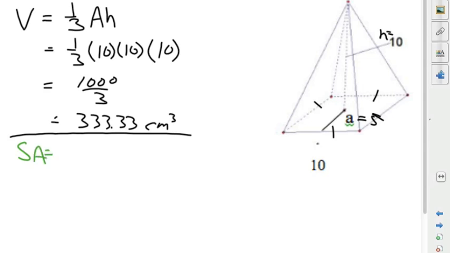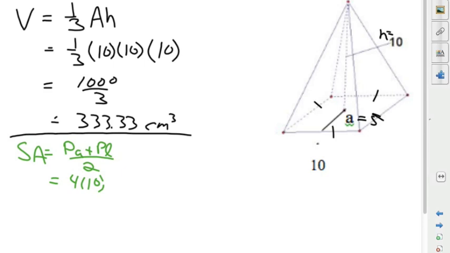Okay, so how do we get the surface area? So you go to PA. So the perimeter is 4 times 10. It's a square base pyramid, so it's 4 sides.